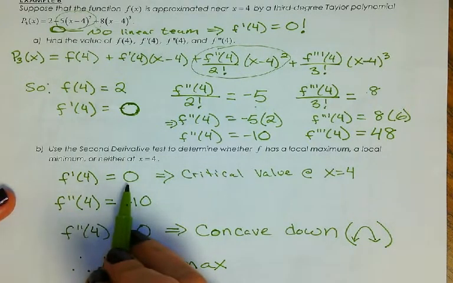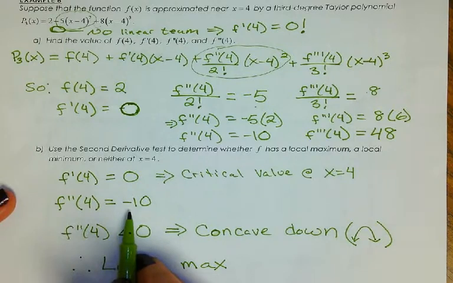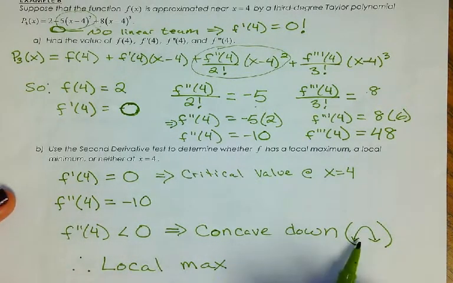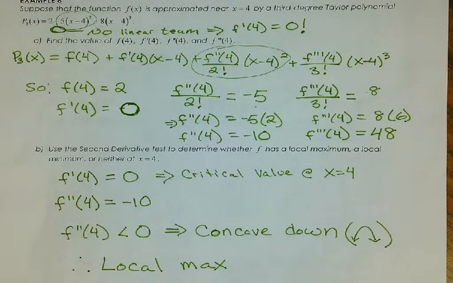Since there's a critical value at 4, and we know that the second derivative at 4 was negative, then it must be concave down. And if the function is concave down there, then we must have a local maximum. Okay, so you can put all that together, and then we'll take a look at some more Taylor stuff next class.